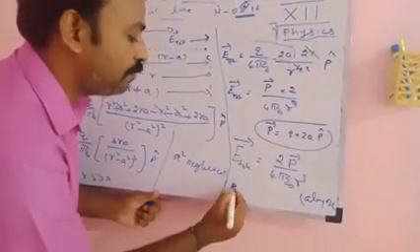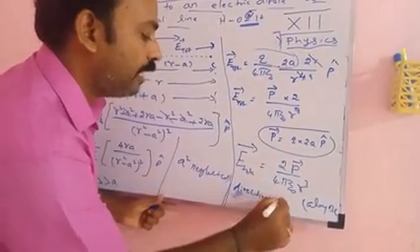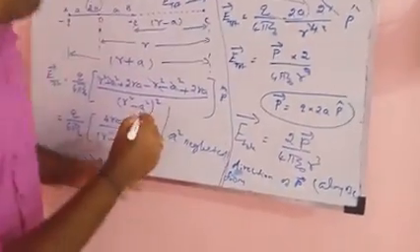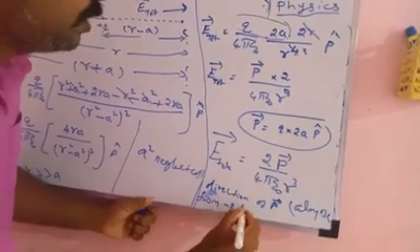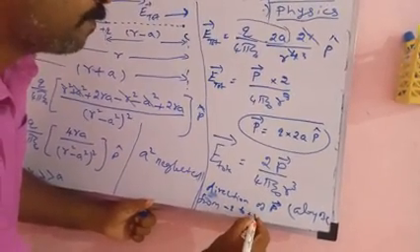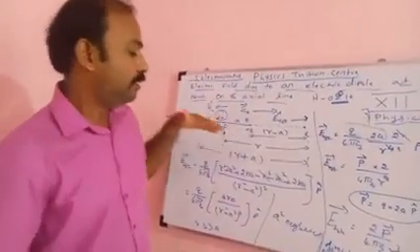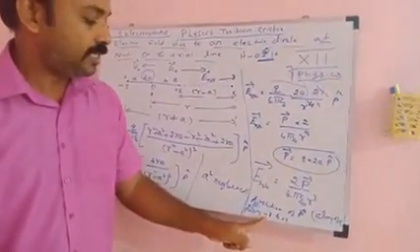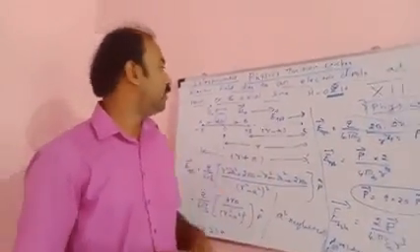The direction of the P vector is from the negative charge, the minus charge, to the positive charge. The direction of the P vector is from minus q to plus q. So this is the answer to this particular question.